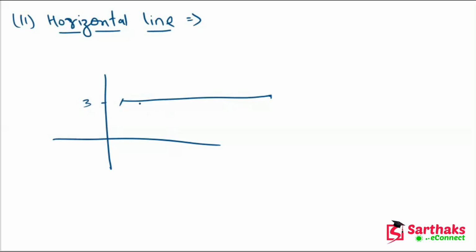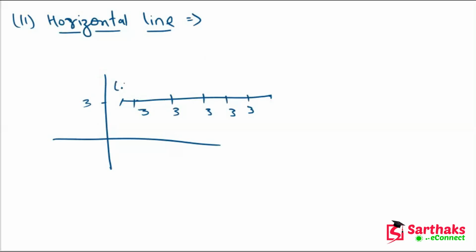If there is a point with y equal to 3, then 3 is constant in all the points on the line. The points change in the x direction, but in the y direction there is no change.